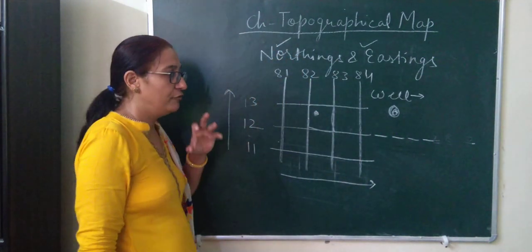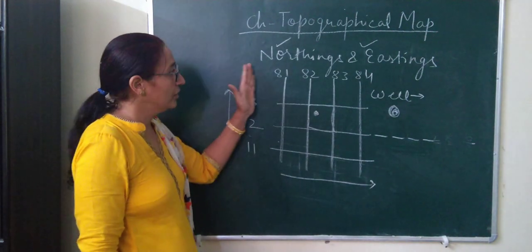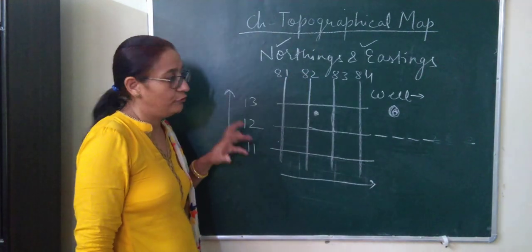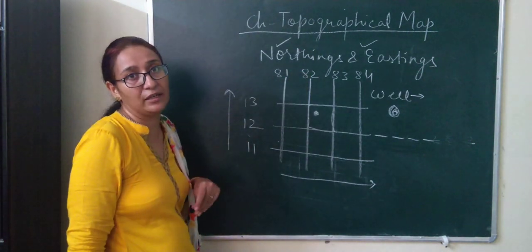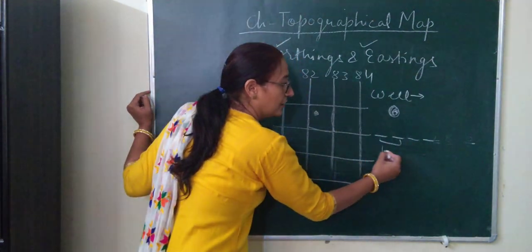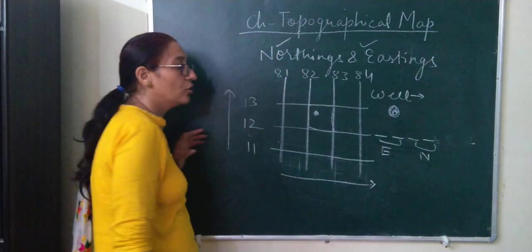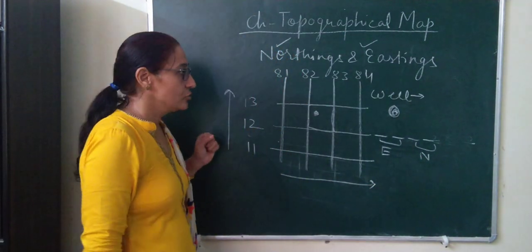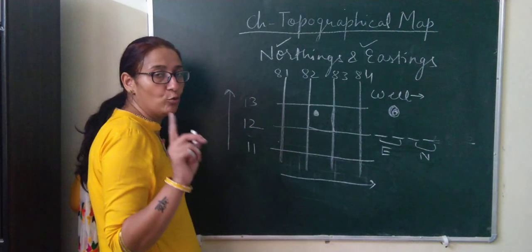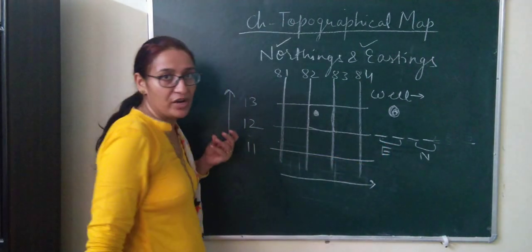So basically we have to fill the digits here. The numbers which are given here, 81, 82, 83, 84, we have to fill these numbers here. So first 2, we have to write eastings, and last 2, we have to write northings. So now, the 4 figure grid reference of this well is, we have to keep one thing in mind, the easting numbers will be first.